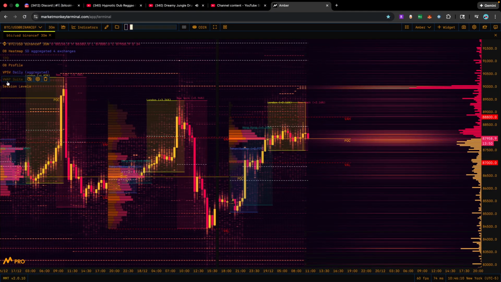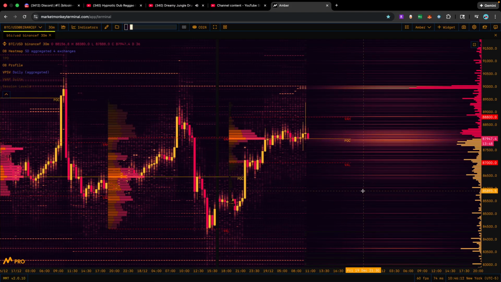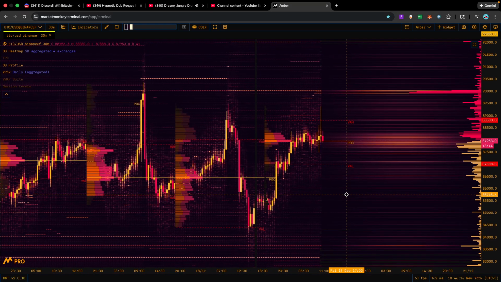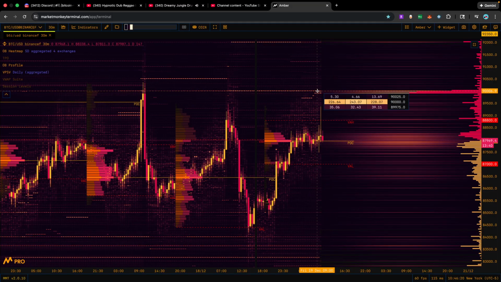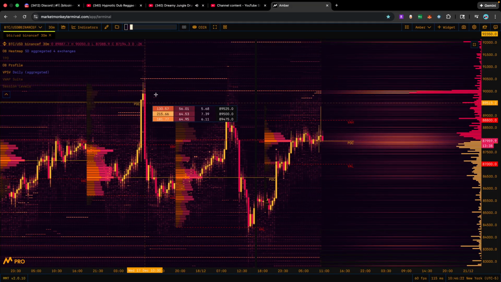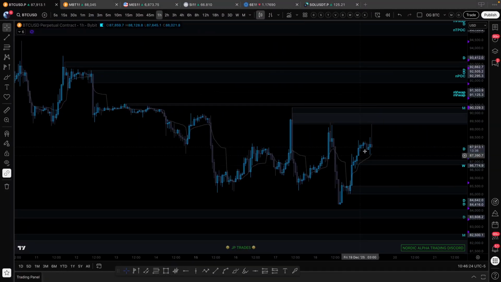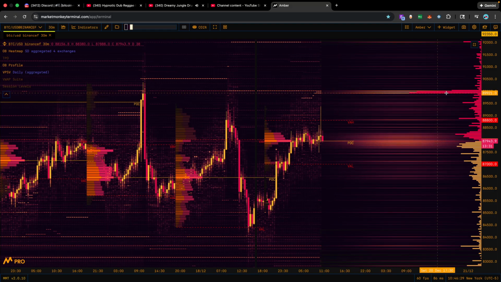Let's get the VWAPs off of there. So yeah, we still have that very, very large liquidity set up here at this order block. So this is, again, this order block right here that we're looking at with this large sell order or sell wall.